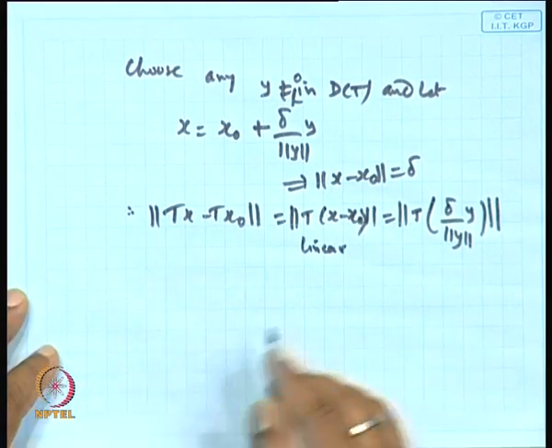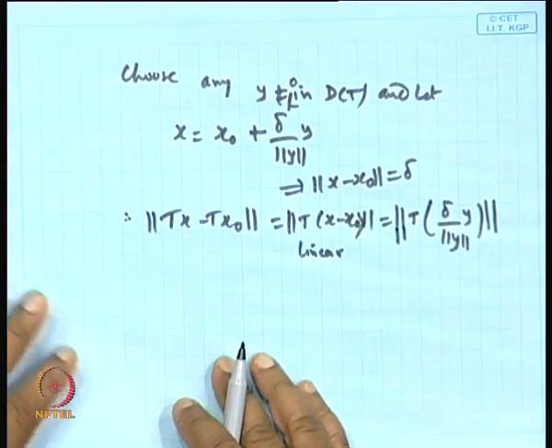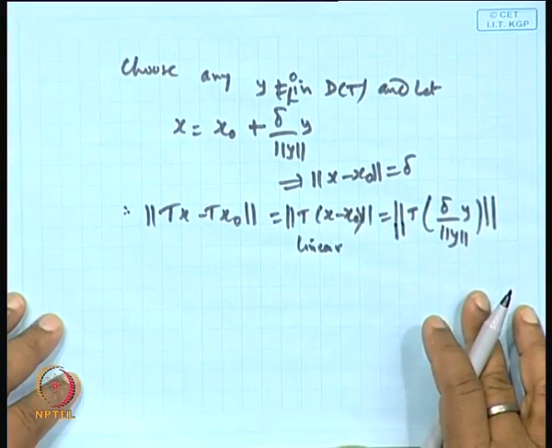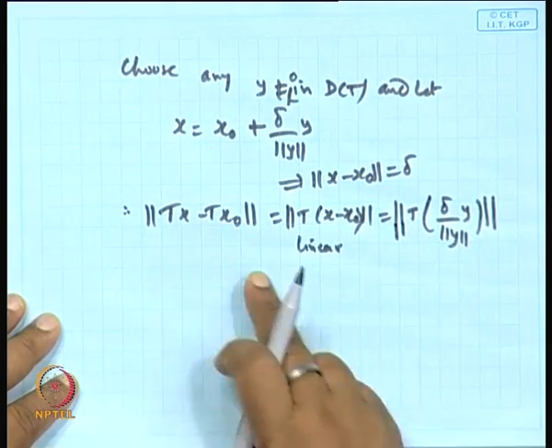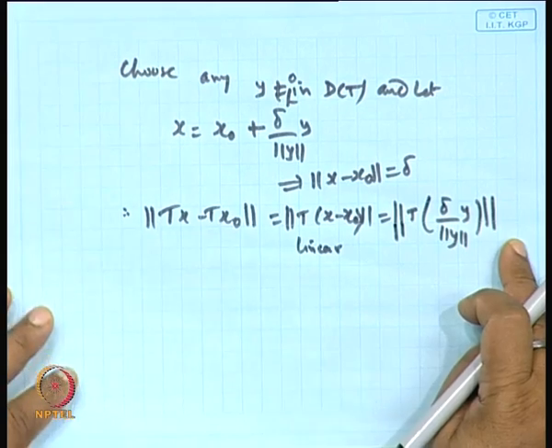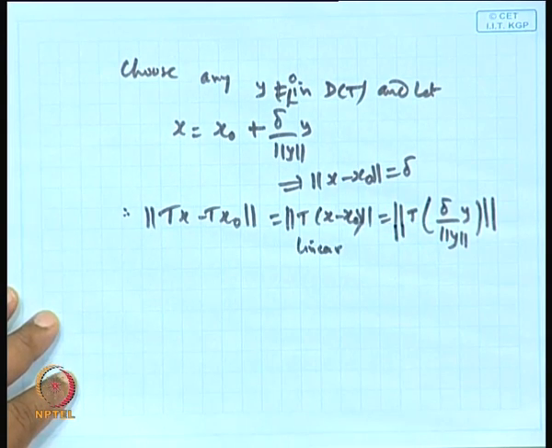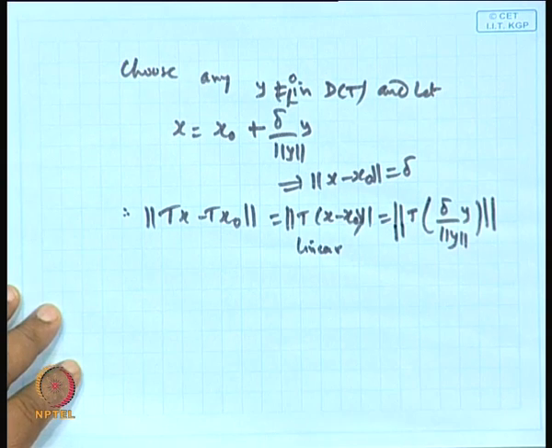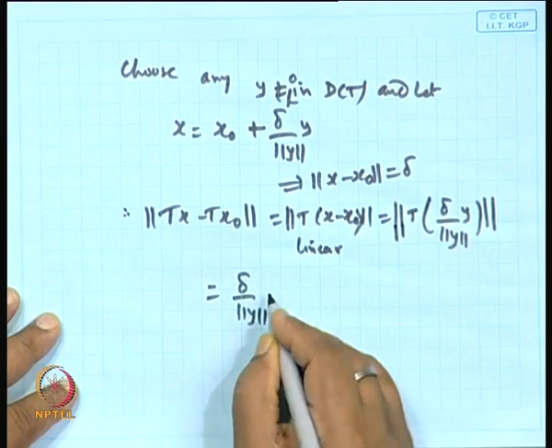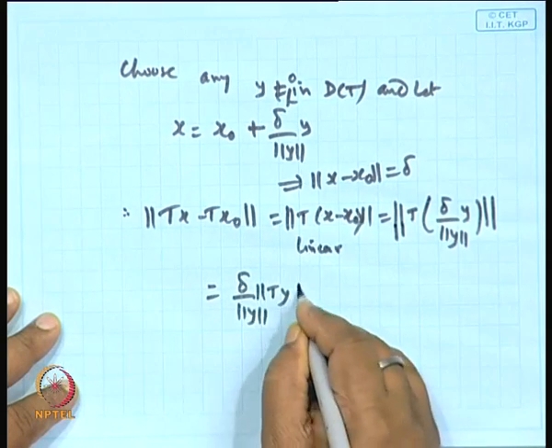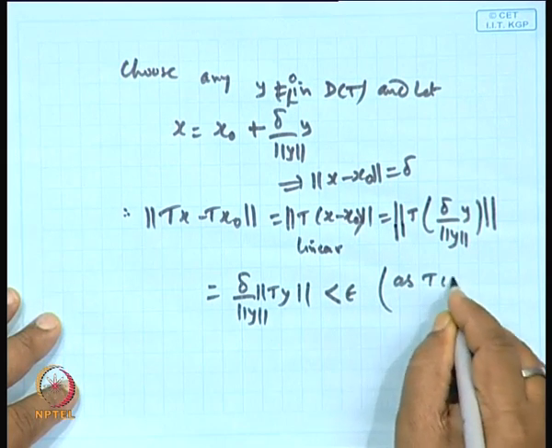Since T is continuous, this has to be less than epsilon. So, we take this delta over norm y out, into T of y, and this is to be less than epsilon as T is continuous.